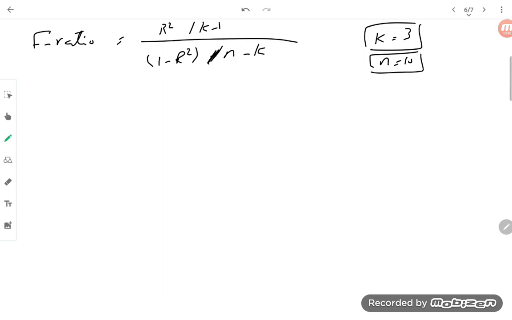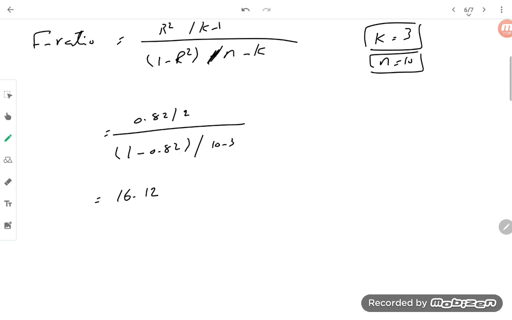R squared is 0.82. So it is 0.82 divided by (3 minus 1), which is 2, divided by (1 minus 0.82) divided by (10 minus 3), which is 7. So the estimated value will be 16.12.